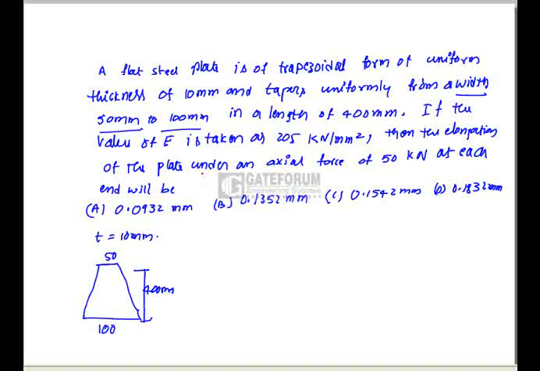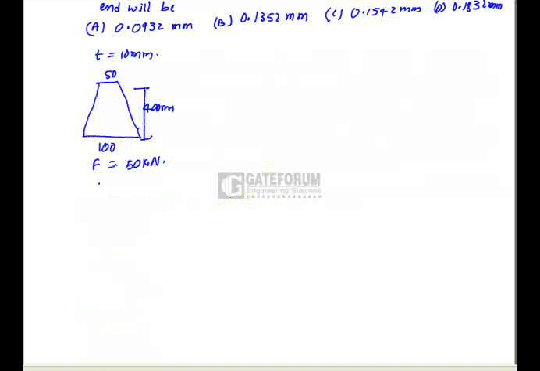Then the axial force is given as 50 kilonewtons at each end. We have to find out the elongation delta.